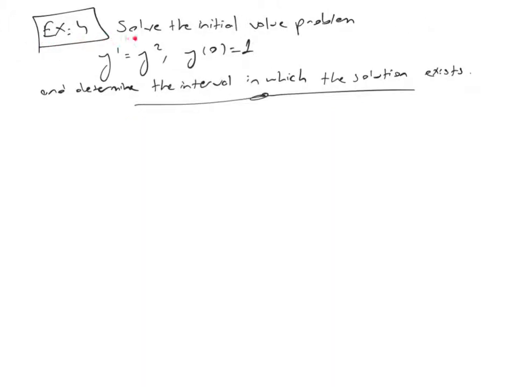Example 4. Solve the initial value problem y prime is equal to y squared and y of 0 is equal to 1 and determine the interval in which the solution exists. Since this differential equation is nonlinear, we will look at Theorem 2.4.2, and f of t comma y is equal to y squared and df over dy is equal to 2y.